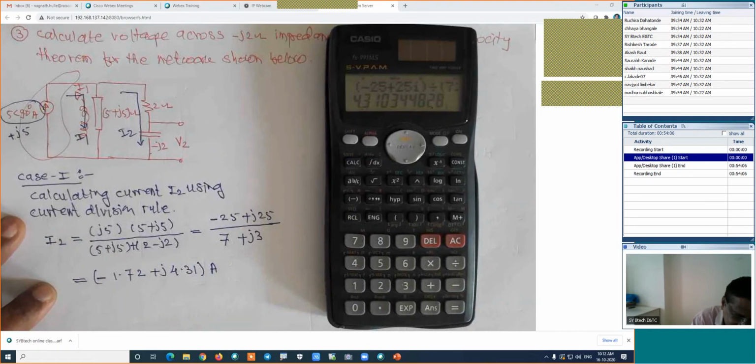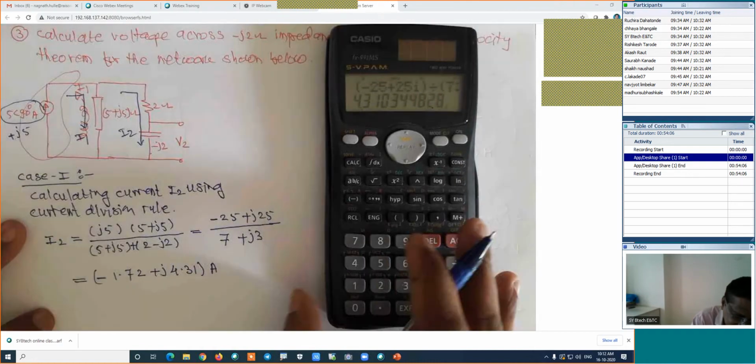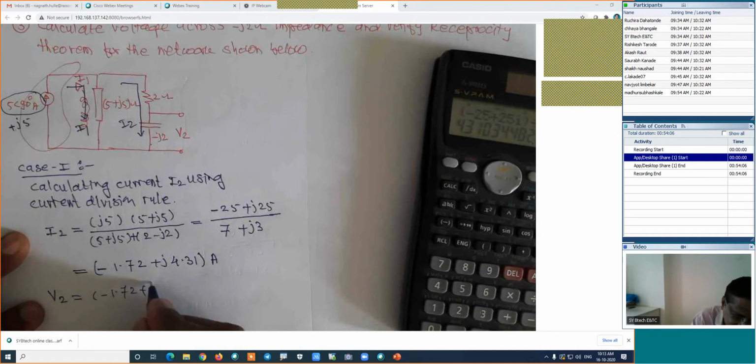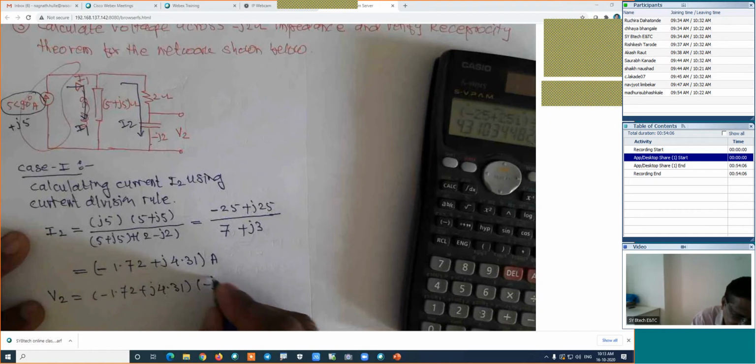Is it right? If we know this current I2, we will find out its voltage V2. What is the formula for voltage V2? This voltage V2 is equal to this current, minus 1.72 plus j4.31, into its impedance, and the impedance is minus j2.